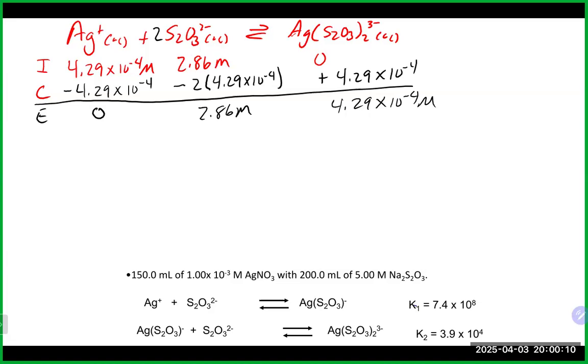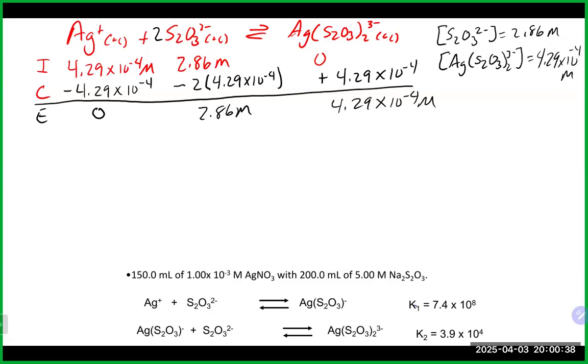This table actually gave us 2 answers that we're looking for. We now have from this table the concentration of our S2O3 2 minus is 2.86. We also have the concentration of our complex ion in this solution, which is 4.29 times 10 to the minus 4 molar.